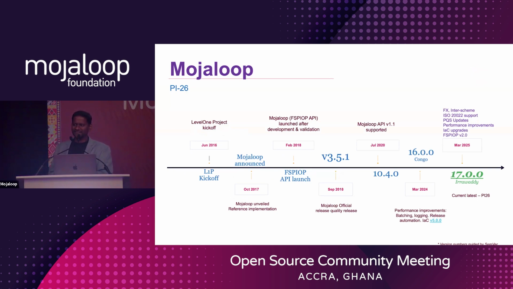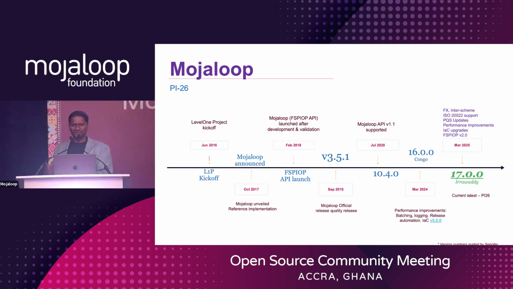And the API that we have now, what we call Mojaloop API, but technically the FSP interoperability API, was launched in February of 2018 after four industry partners came together, developed it, validated it, deployed it on their own systems, and ensured that they're all interoperable. And version 3.5.1 of Mojaloop was the first production quality release, which was released in September of 2018.